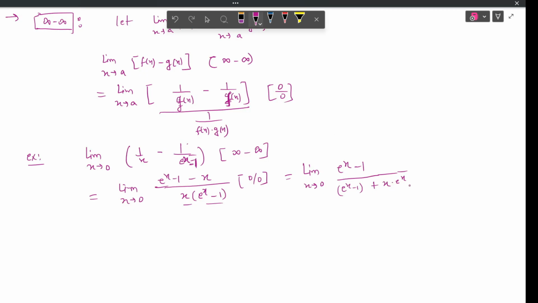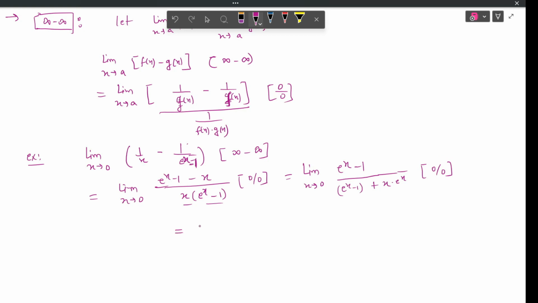So if we put 0 here, it is 1 minus 1 which is 0, 0 here, it will be 0, and 1 minus 1 is 0, because e to the power 0 is 1. So again it is in the form 0 by 0.